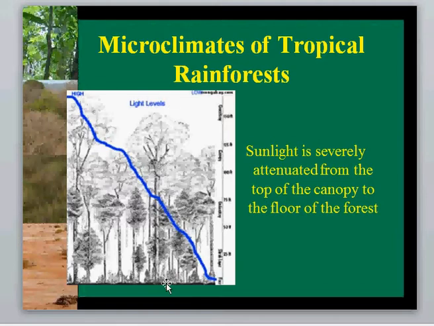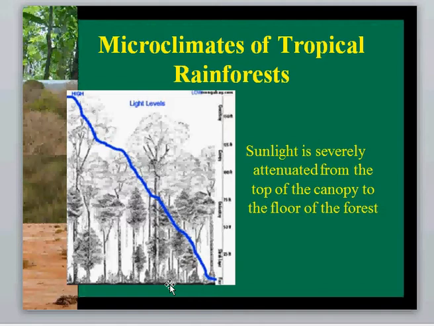Okay, and because of that, light levels are very low in that understory. As I said, 0.1% of the top of the canopy. So just think, all of these plants in this understory have to survive with 0.1% of the light which is incident on top.